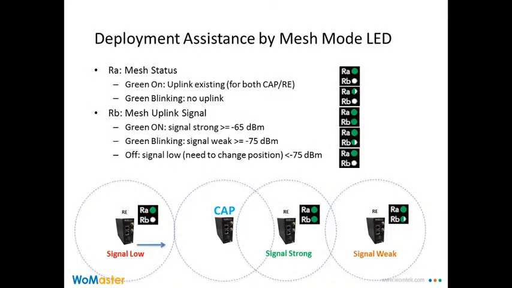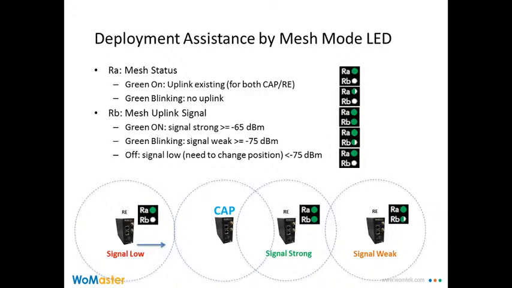And at the last, we will introduce how to use the front panel LED to help you check the connection in the network. The RA LED shows you the mesh status. If RA is green on, it means the uplink exists, for both CAP and RE. And if RA is green blinking, it means there is no uplink in this WA512GM.